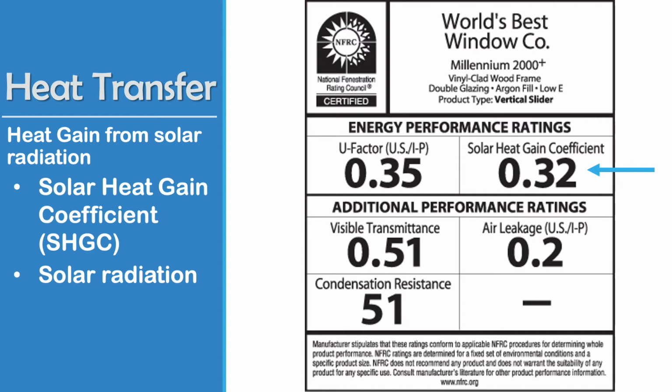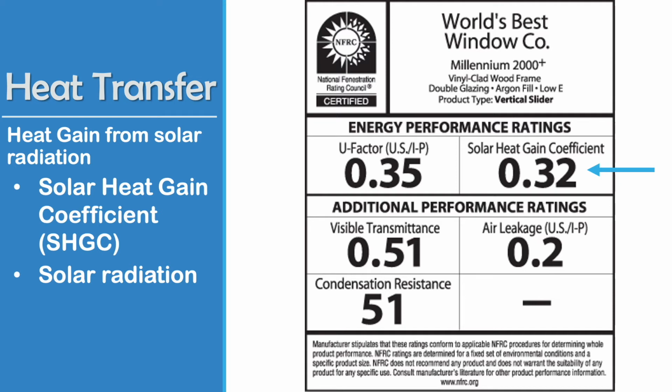For example, a window with a solar heat gain coefficient of 0.41 means that 41% of solar radiation enters the building as heat gain. If you are interested in cooling, such as in a desert environment, a smaller solar heat gain coefficient is better.